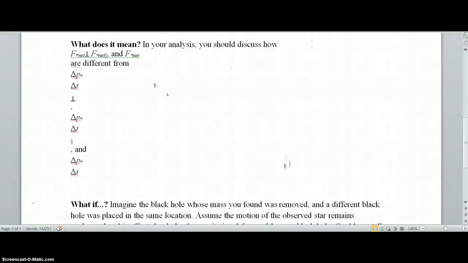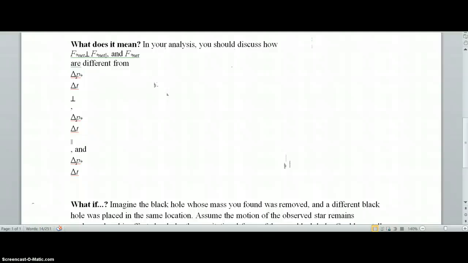Now, as far as what this means and whether or not Fnet perpendicular, Fnet parallel, and Fnet are different from delta P divided by delta T in each of those cases, I would say that one of the things that we notice with this is, of course, it's moving in a circle, so there has to be acceleration, which means there has to be a change in momentum, and that circular curved motion is caused by the fact that the Fnet perpendicular is not equal to 0.